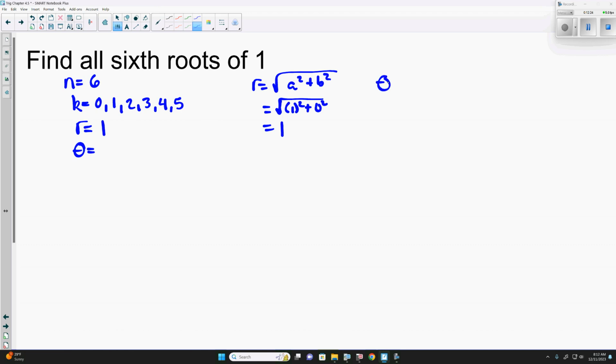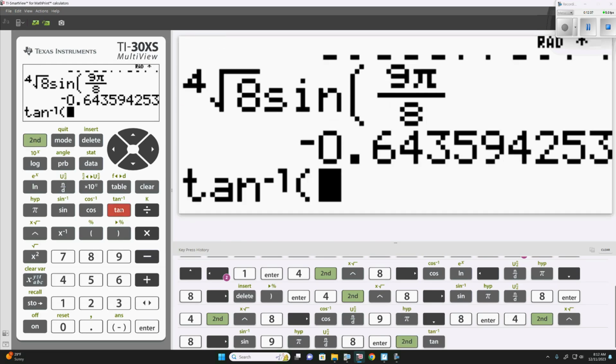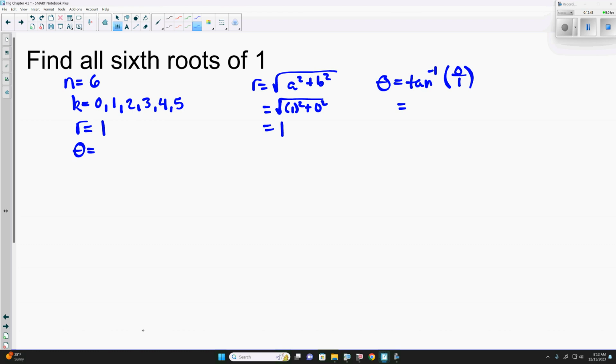Theta is equal to tangent inverse of b over a, 0 over 1. I believe this is 0 degrees, or 0 radians. We'll do 0 radians because that's what we've been doing so far.